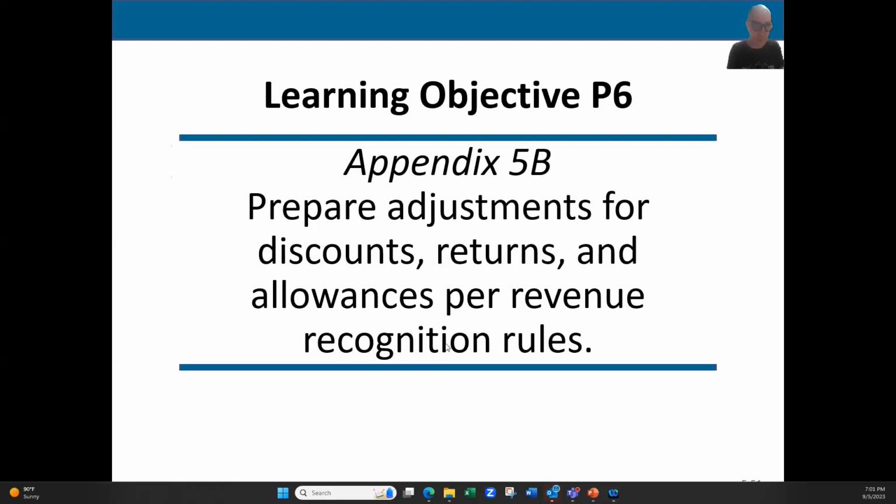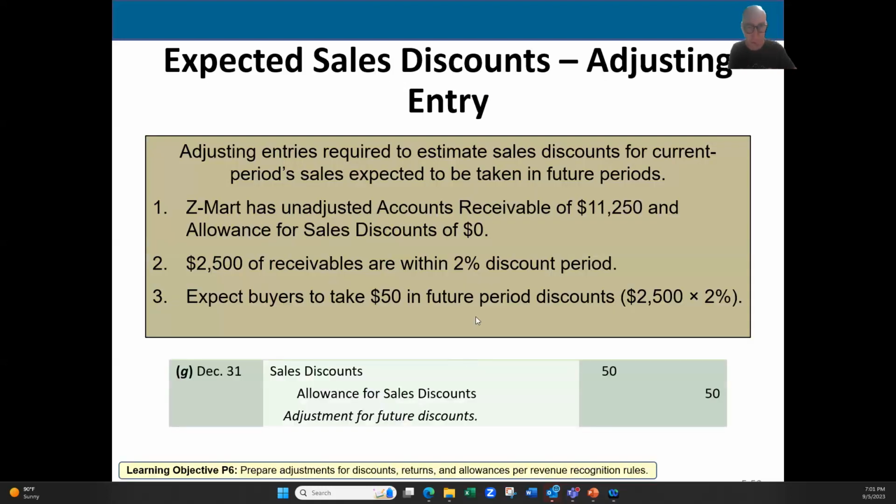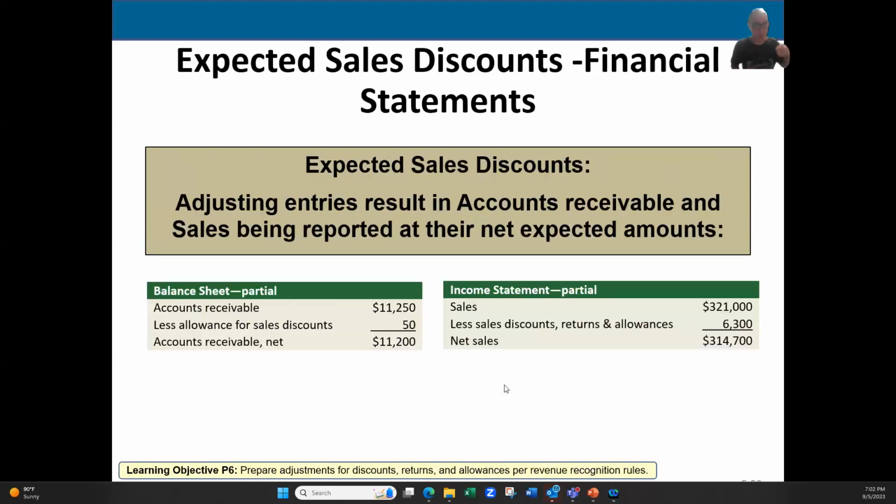Here are a couple more examples of adjustments for discounts, returns, and allowances. It's just like ones that we worked through earlier to show you how sales discounts work. So debit sales discount, credit allowance for sales discount. This would represent an adjustment for expected sales discounts.